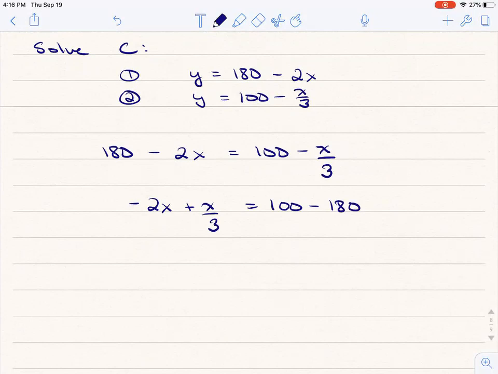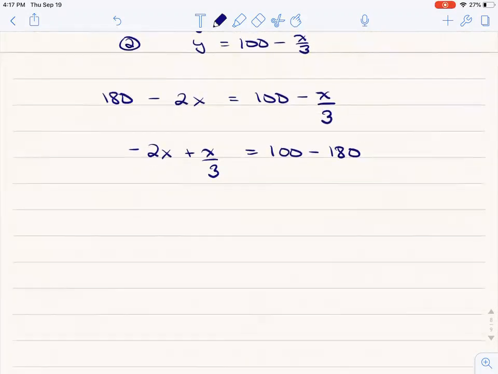We want to collect like terms, right? I mean, you could use your calculator if you want to, but to add these fractions, we have to have a common denominator. So we have to multiply negative 2x by 3 over 3 to get it over 3. That's multiplying by 1, so it's safe. So we have negative 2x times 3 over 3 plus x over 3 is negative 80.